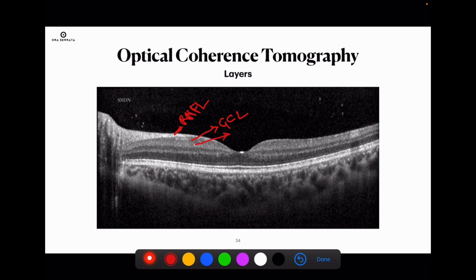Here is your inner plexiform layer. So inner nuclear layer. Then the outer plexiform layer, and also the Henle's layer.